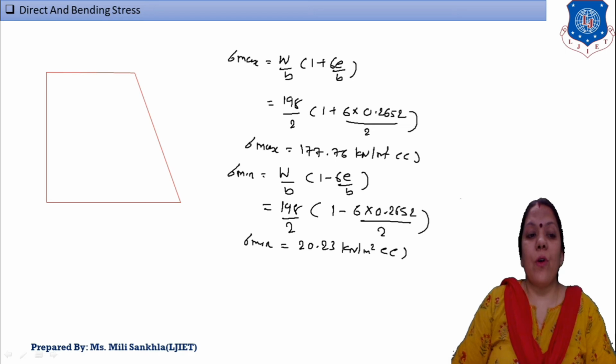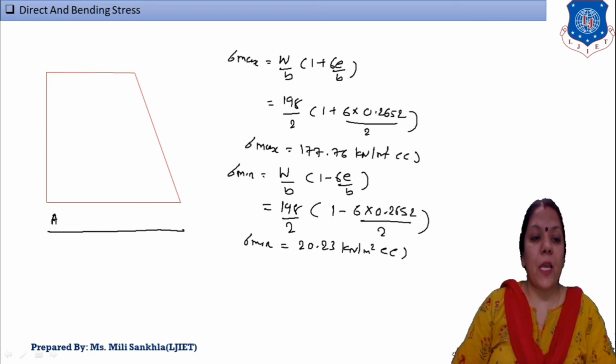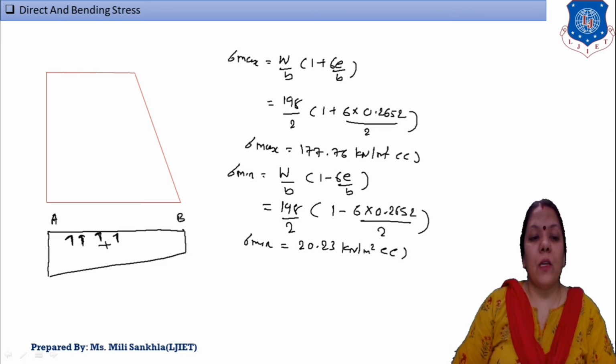Now we draw our last stress distribution diagram. For that, first of all, draw the reference line. This is our point A, this is our point B. Here eccentricity is negative, so maximum stress is given on the left side and minimum stress is given on the right side. Simply connect this. This is our plus diagram, all forces are compressive.